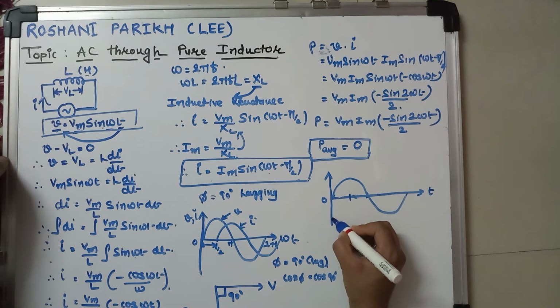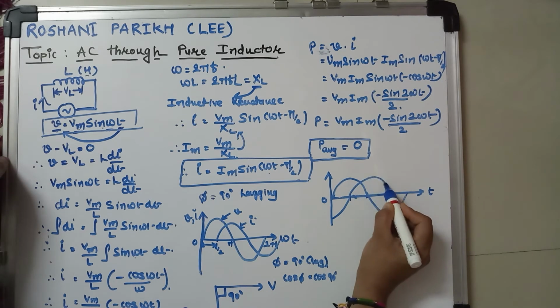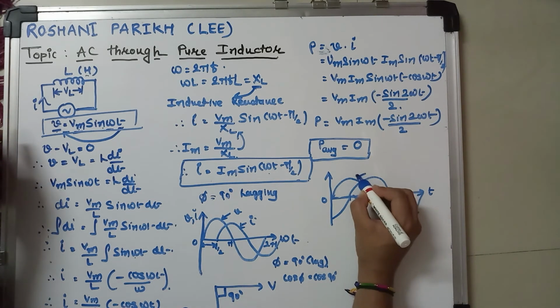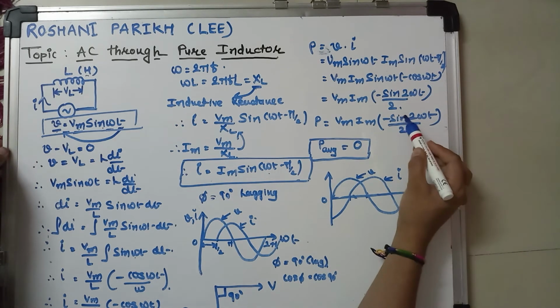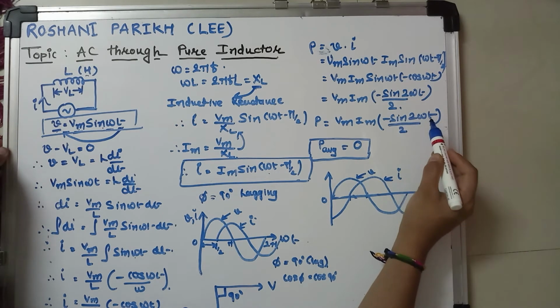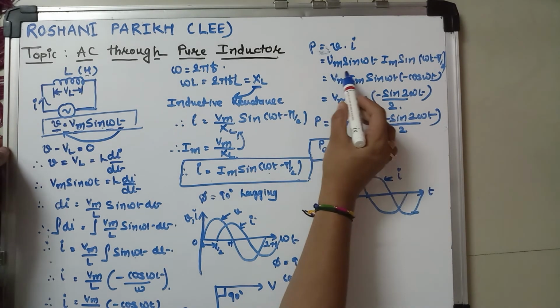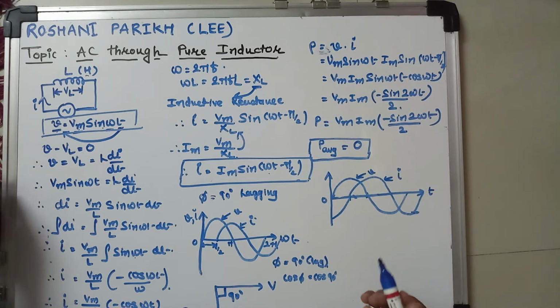So here the current. This is for the voltage and this is for the current. Now see here, sin 2 omega t means the power has twice the frequency, double the frequency of the voltage. V is equal to Vm sin omega t. Now I will show you by the graphical representation.